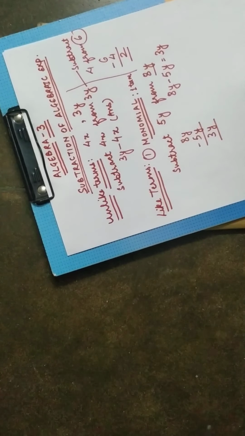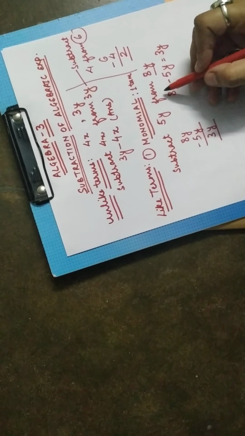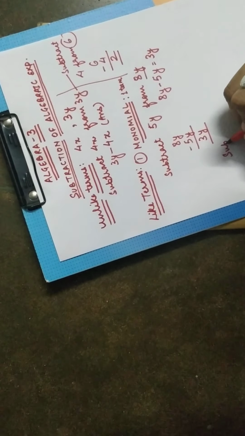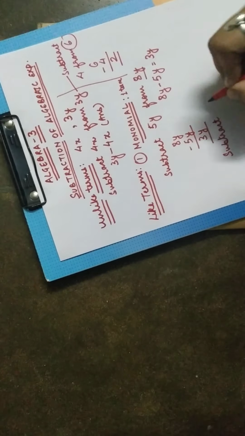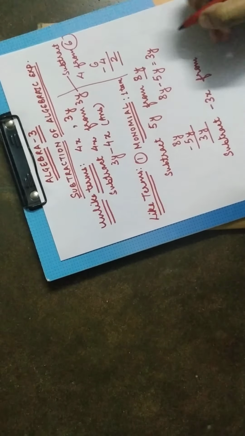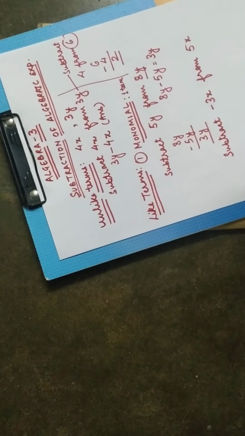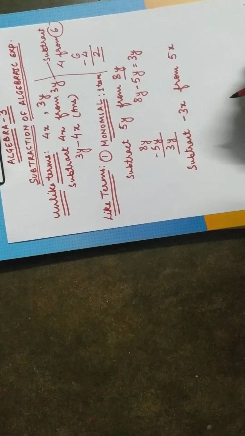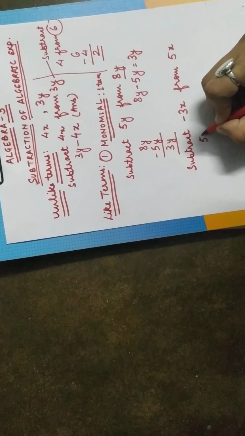Now monomial 5y you have to subtract from 8y. Now let us consider that you have to subtract minus 3x from 5x. Now what will you do? Obviously 5x will be written first. So 5x we have written.